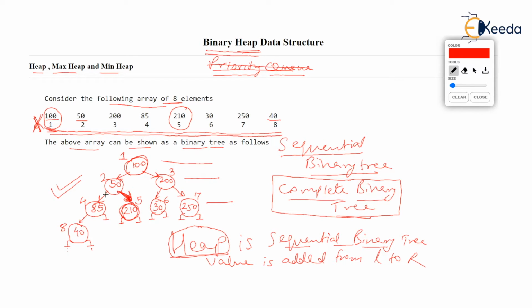This is the way you are traversing the elements from left to right, and those are the same values which are in sequence in the array also: 100, 50, 200, 85, and so on up to 40. What I want to tell you is that the array seen above and the binary heap seen below are not different.